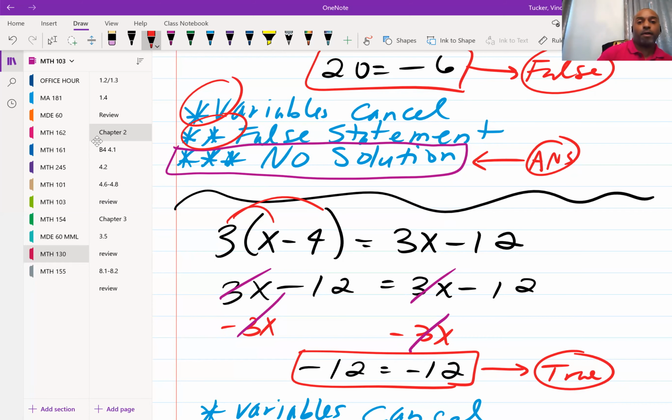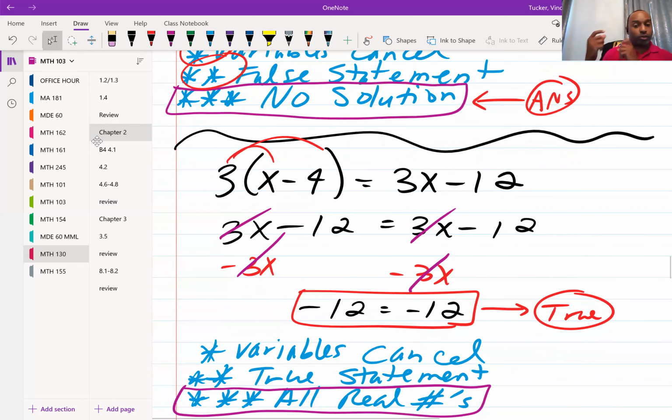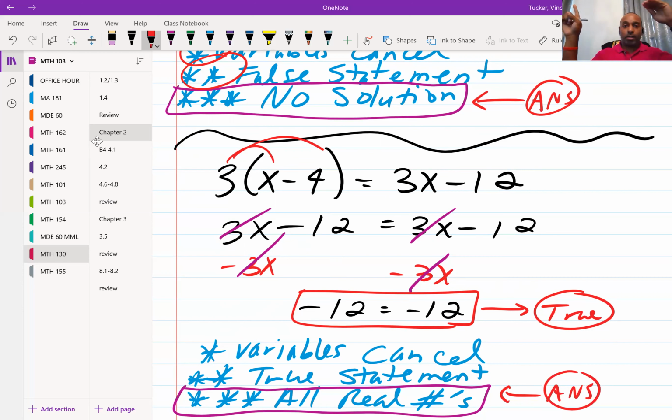So this time our variables cancel and we had a true statement. So this time our answer is all real numbers. Both of those things have to occur before you can come down to your conclusion. I'm glad you said that. Make sure you hold true to that. If your variables cancel, that's one thing that occurs.